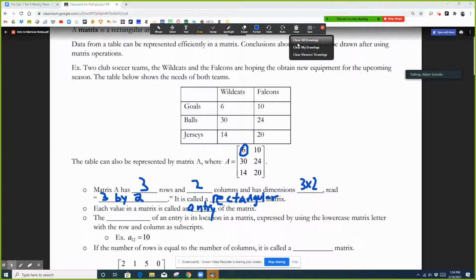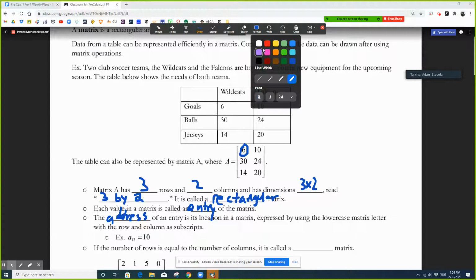All right, and then just like we express location of our homes with addresses, it's also called that in a matrix as well. So the address, very hard to write. I should type it out. So the address of an entry is its location in the matrix, expressed by using lowercase matrix letter with the row and column as subscripts.